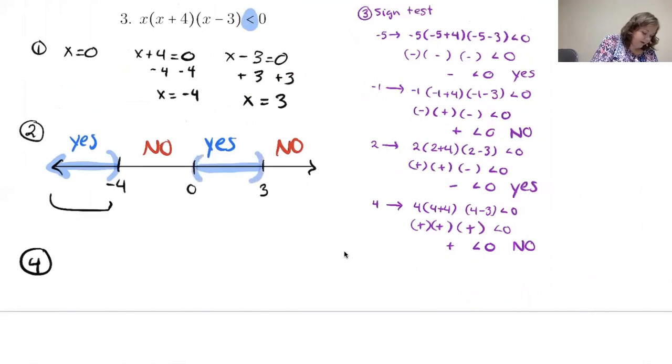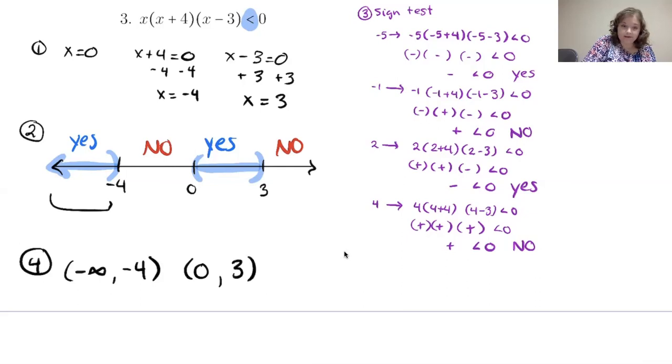So this first one, -infinity gets a parentheses because it's not a real number. -4 gets a parentheses because of the sign of the inequality. And then the next one we have 0 gets a parentheses because of the inequality sign, and 3 also gets a parentheses because of the inequality sign.